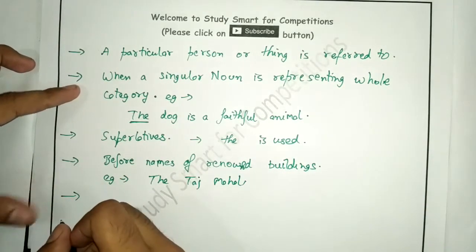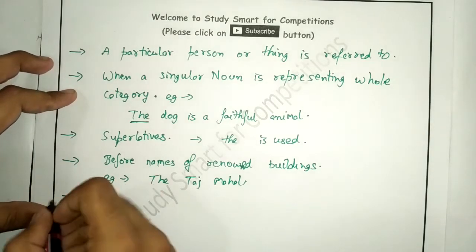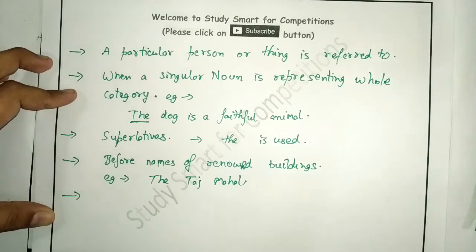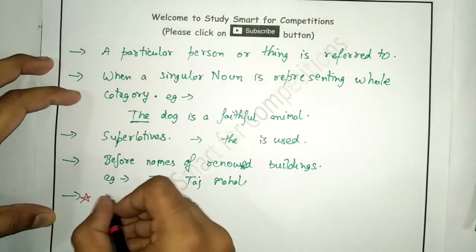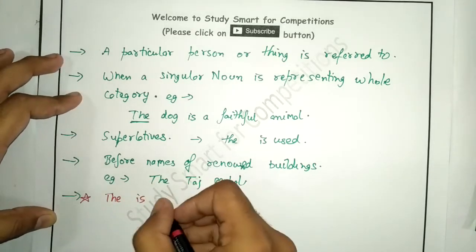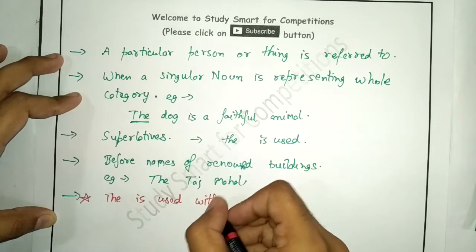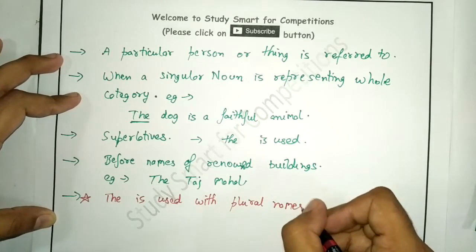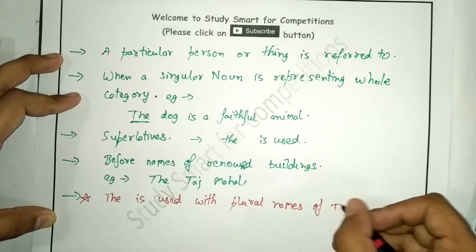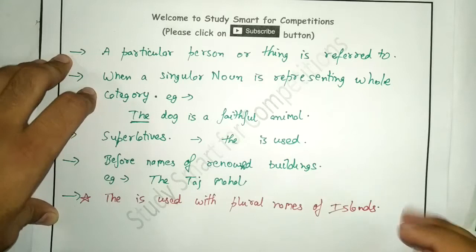Moving on to the next, the is placed only before plural names of islands. See, this is a very important point, so I'll be writing it down with another ink. Just focus on this point. This would be there in many of the examinations.